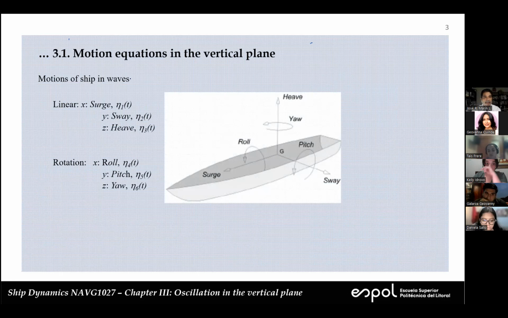So we have 3 linear and 3 rotations. Now, this is the reference system that we're going to use. This is the X, pointing forward to the ship. This is the Y direction.